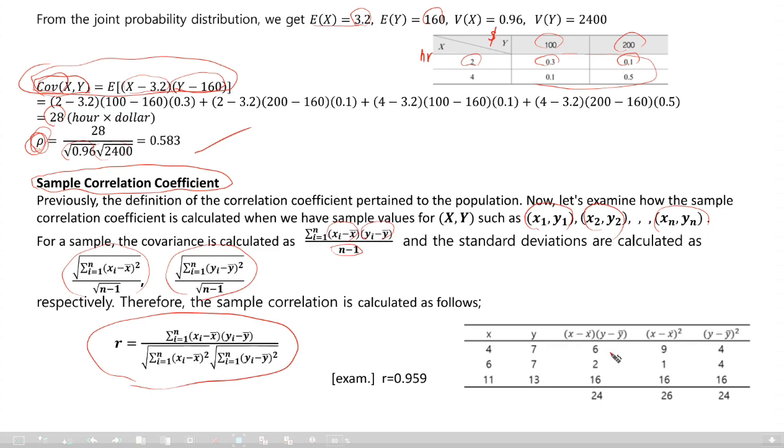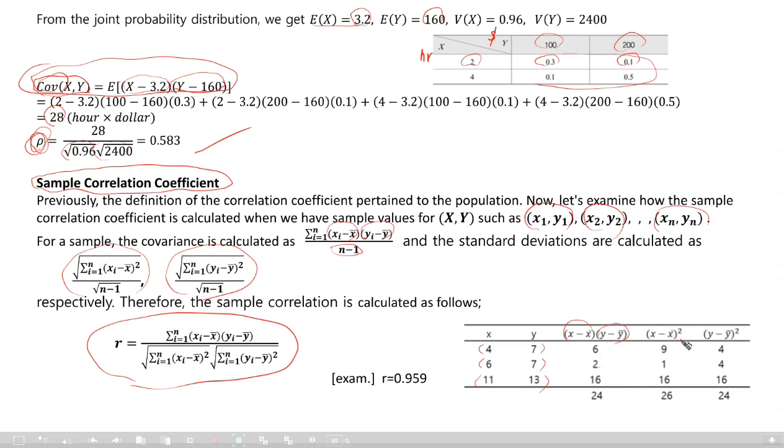A simple example. We get (4, 7), (6, 7), (11, 13). Sample size 3. Then calculate the mean of x, x deviation, product, y deviation. It will be 6 to 16.